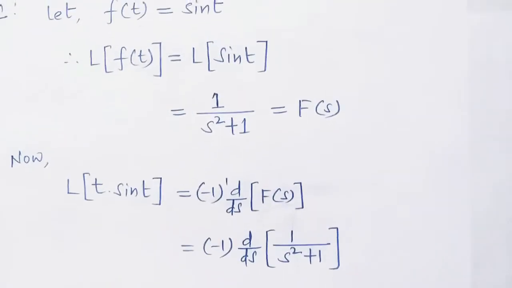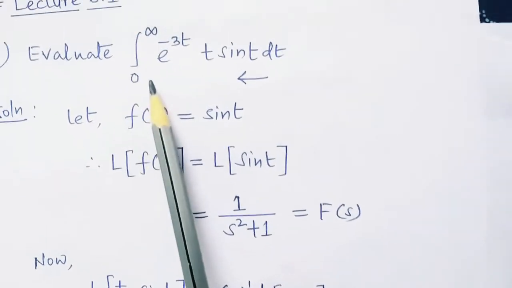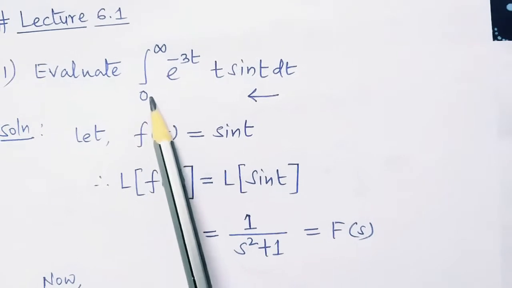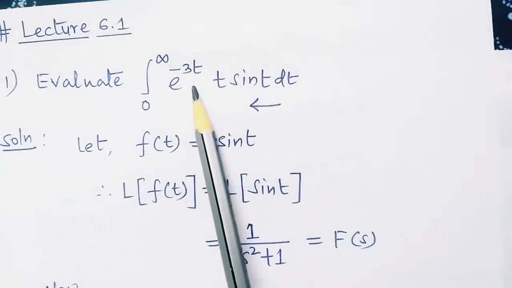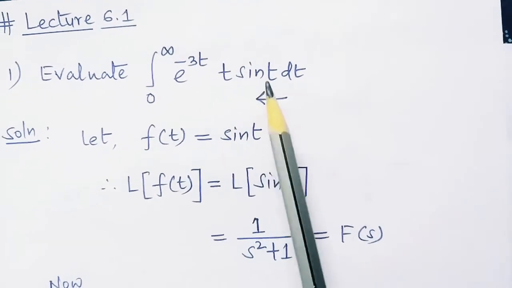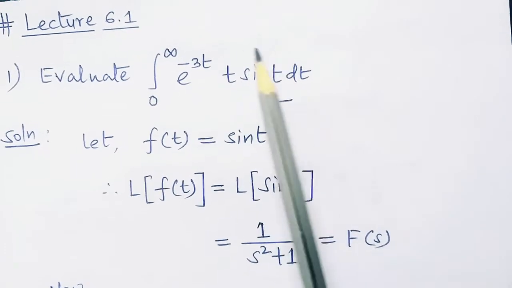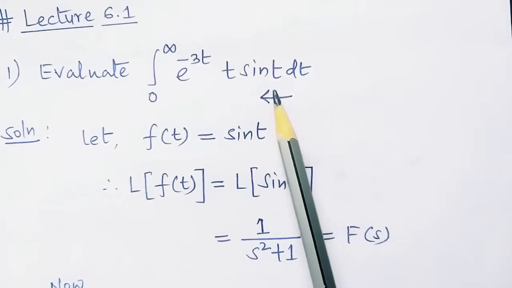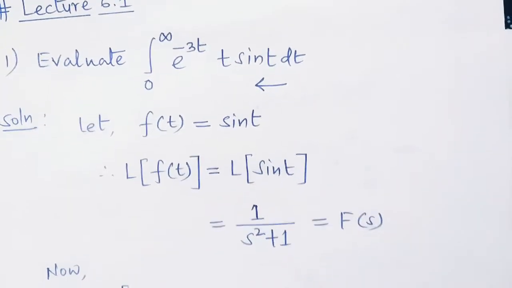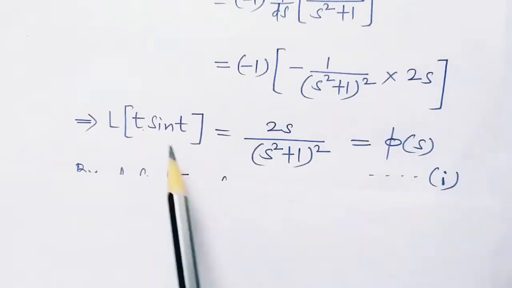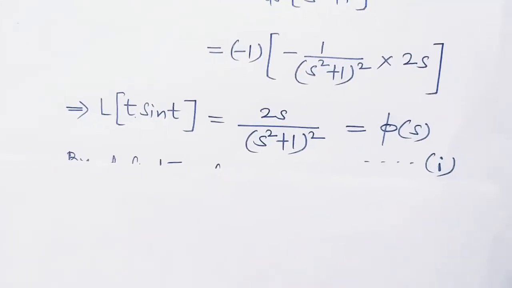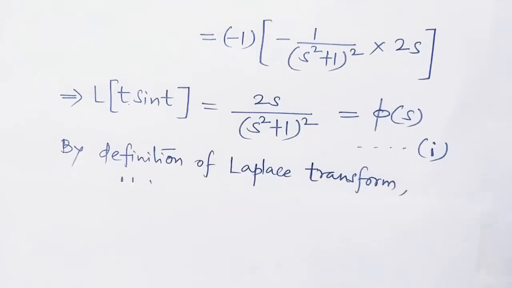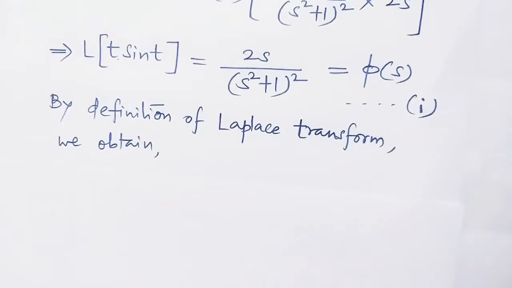But the question is, we need to evaluate this integral from 0 to infinity e to the power of minus 3t t sine of t. So up to t sine of t, we found the Laplace transform. So from there, after equation number 1, just to achieve that particular form, we apply the definition of Laplace transform.